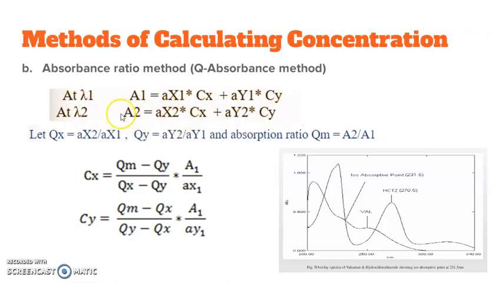Here, as in the simultaneous equation, they calculate for Cx and Cy, and Qm, Qx, Qy stand for these terminologies, where Qx is equal to Ax2 by Ax1, the absorptivity values, and Qy is Ay2 divided by Ay1, and Qm is nothing but the ratio of A2 by A1. So with all those values, we can calculate the Cx and Cy. This was the absorbance ratio method.